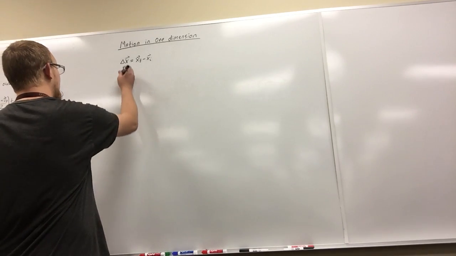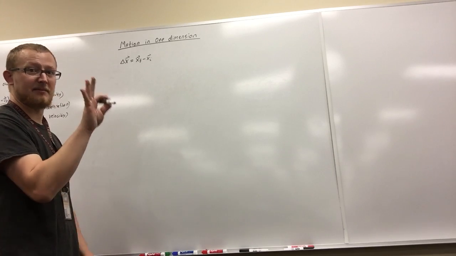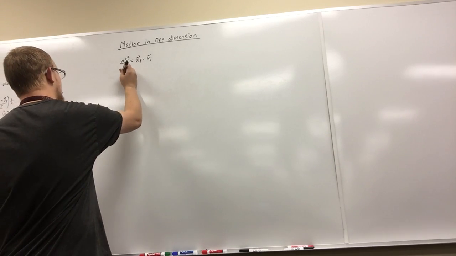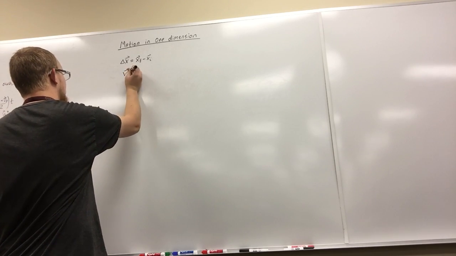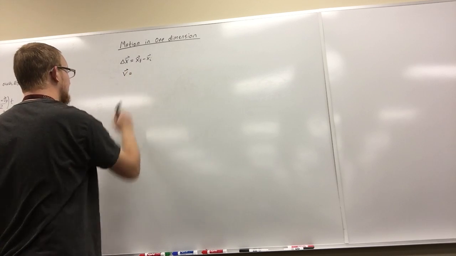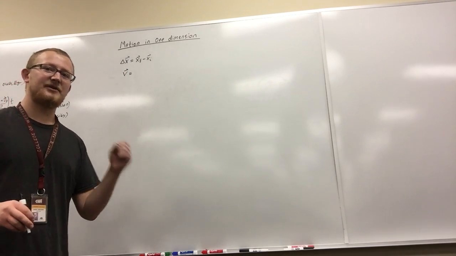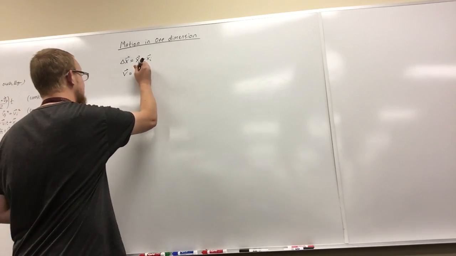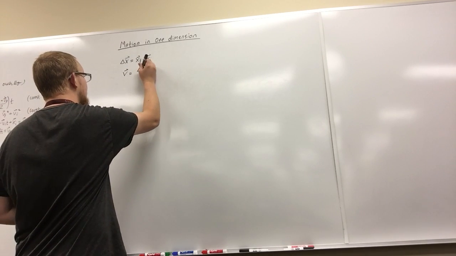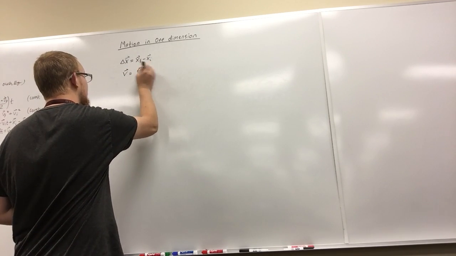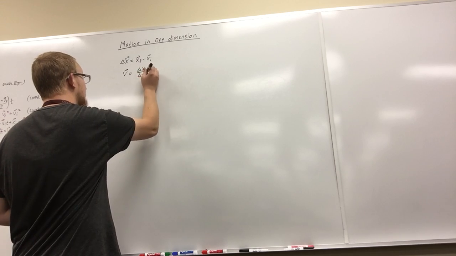And so somebody much smarter than me came up with the idea of velocity. The average velocity is defined as the change in position with respect to time.